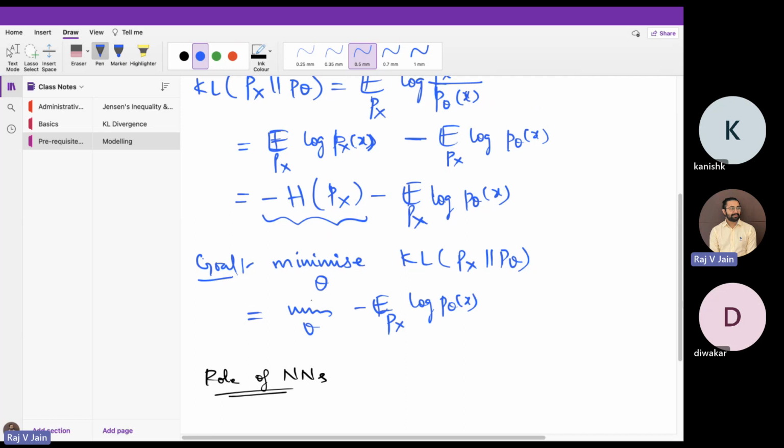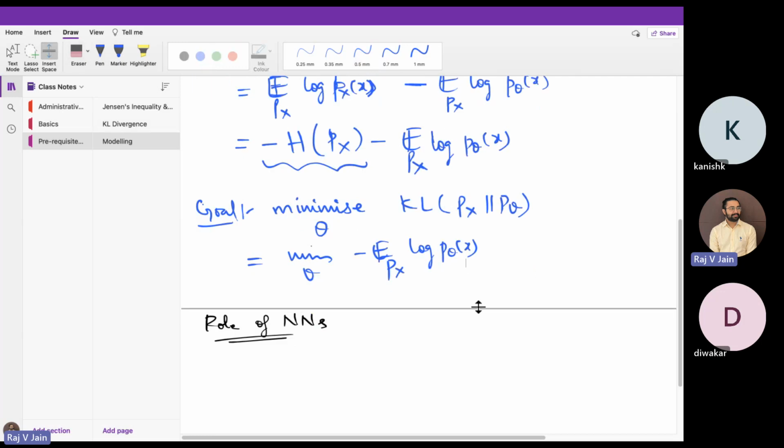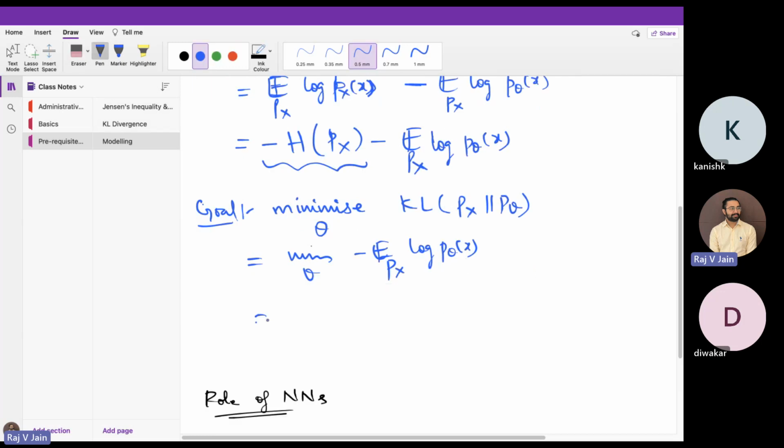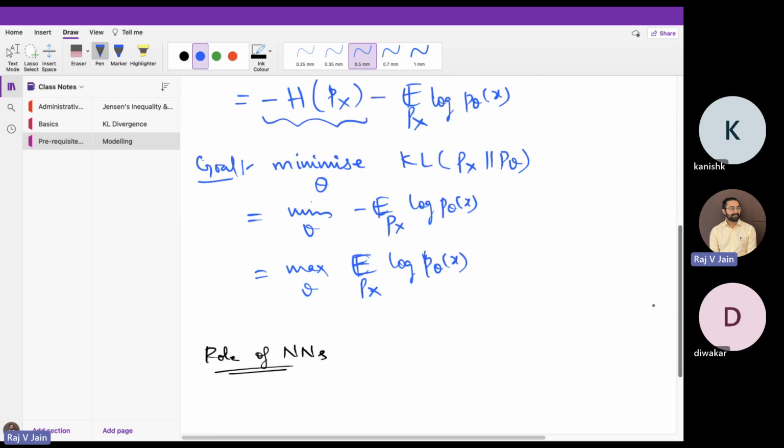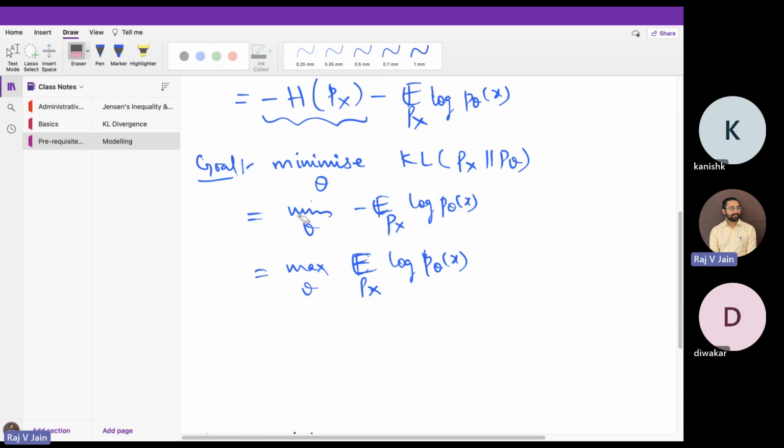So this basically turns out to be just minimizing over theta the negative expectation of log p theta of x, which means maximizing over theta the expectation of log p theta of x, right? Now there's a special name for this. p theta of x is the model likelihood of x.